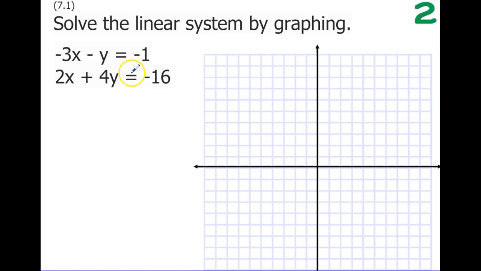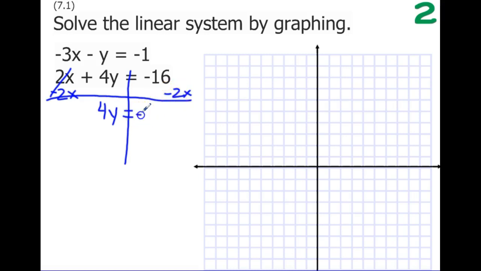We need to solve for y. So again, I'm going to solve the bottom one first just because there's space to solve it. So to move the 2x, the opposite would be subtracting 2x. So those eliminate. So then we have 4y equals negative 2x minus 16.